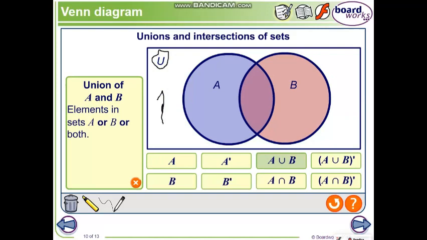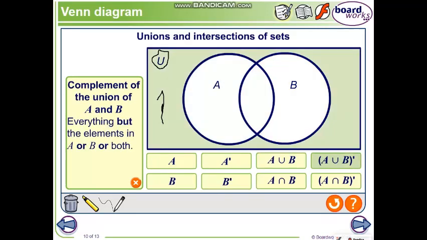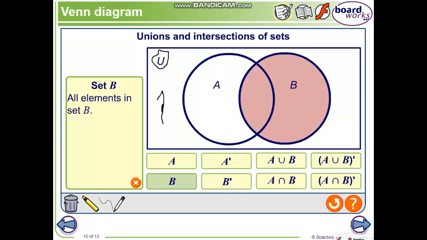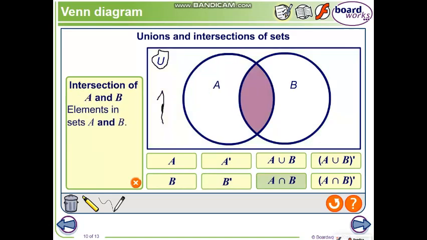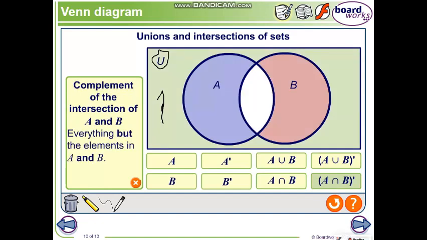For A union B, silang lahat from A and B. And A union B complement, it should be outside the sets. Whenever we have B, the B complement is just this. And A intersection B, the common in A and B. And A intersection B complement is this set. Yung naka-green, violet, and what's this? Is that orange? Okay. Yan sila. Okay?